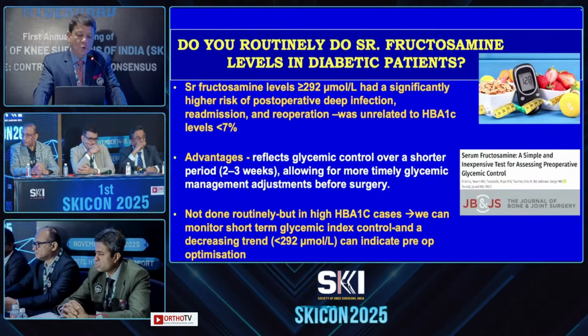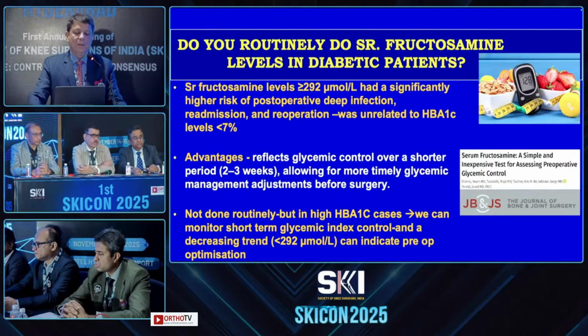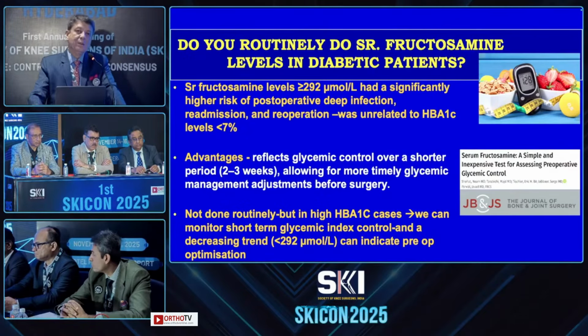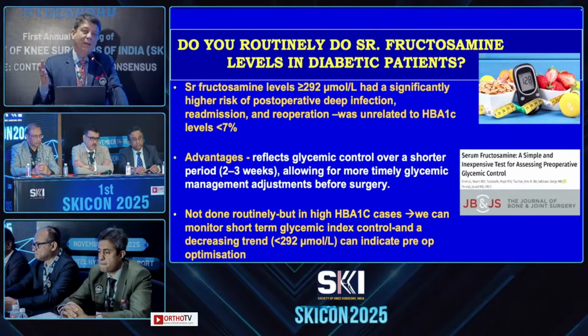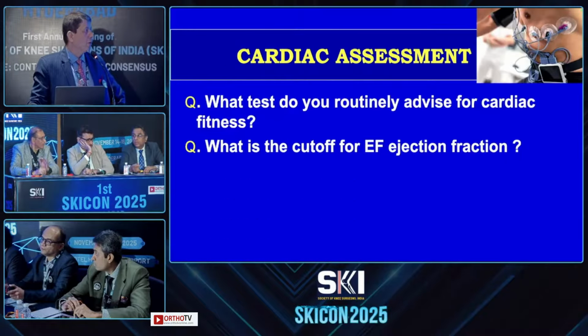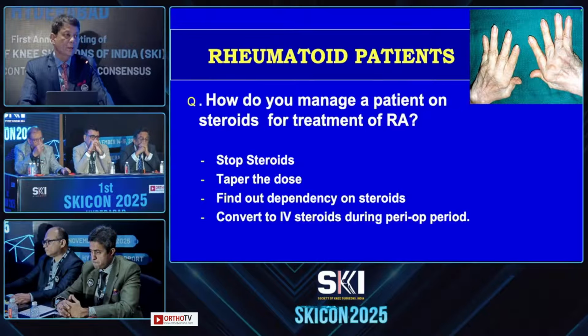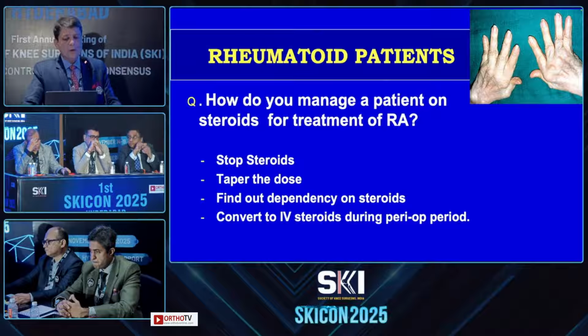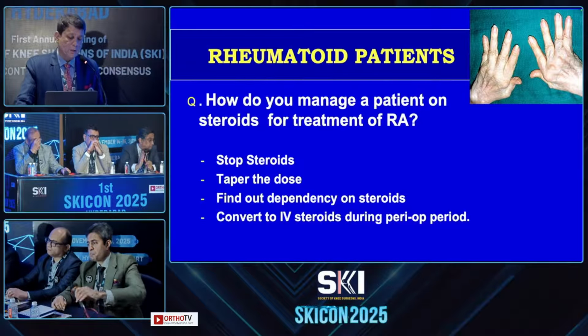If the serum fructosamine is higher than 292, that had a significantly higher risk of postoperative deep infection. A rising trend of HbA1c is a far more reliable index than a decreasing trend of HbA1c. This is not a very known fact. In these cases, Savya, what do you do? What is your take?